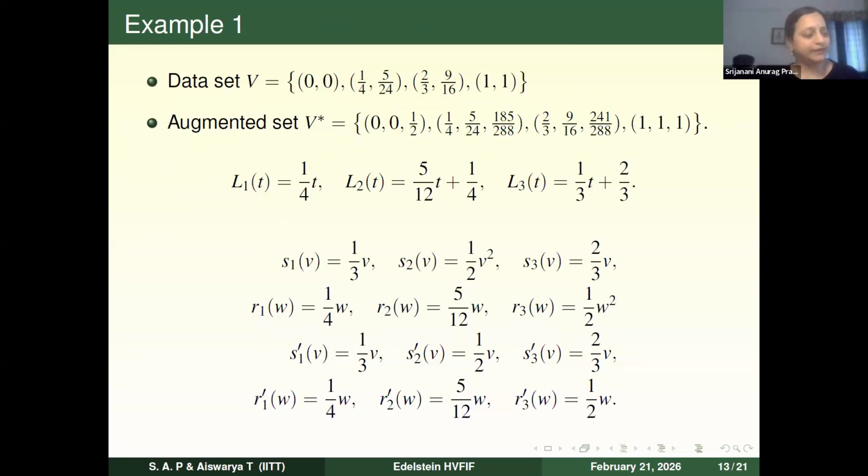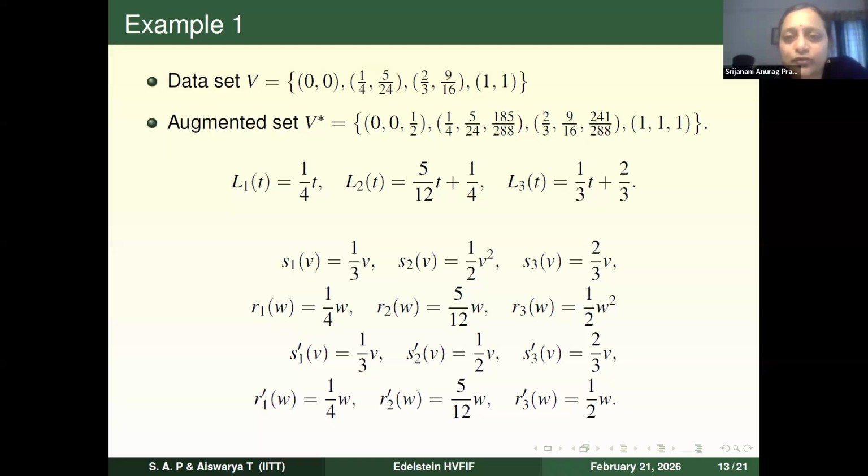So here we have taken some examples, a random data set, and to that data set we have augmented our Wj's. So we have taken 0, 0, half, 1 by 4, 5 by 24, and 1 by 8, 185 by 288.